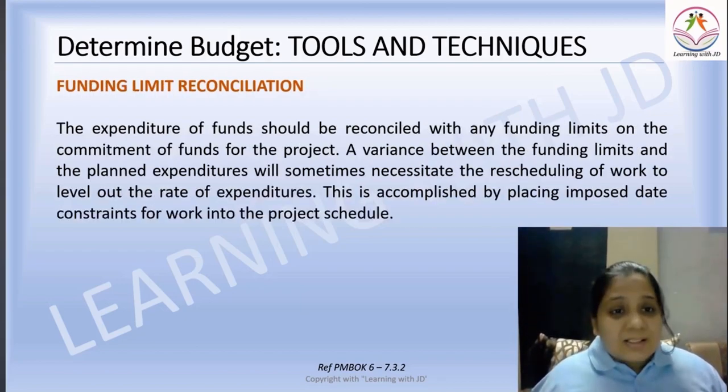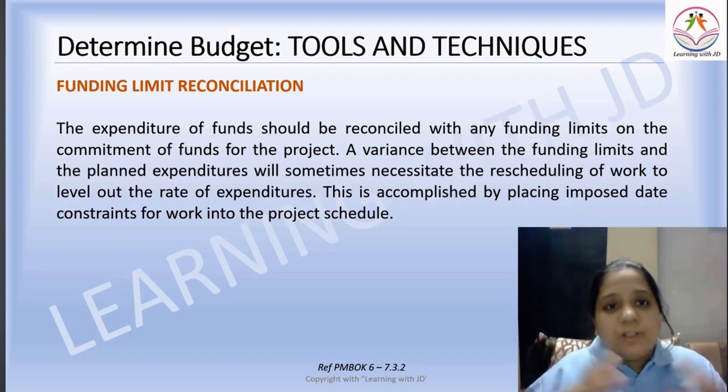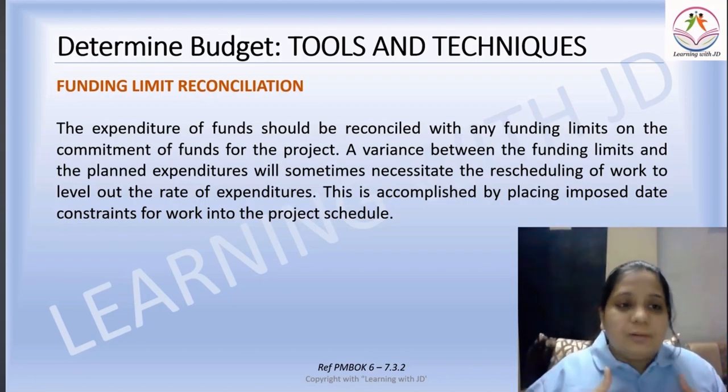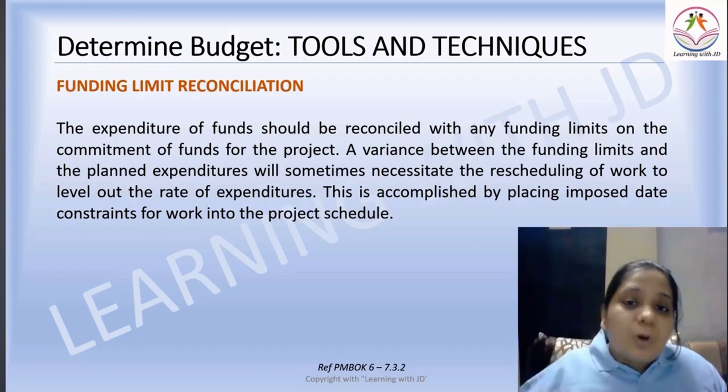Funding limit reconciliation: the expenditure of the funds should be reconciled with any funding limits on the commitment of funds for the project. So assuming your project requires $1 million, but you will not need $1 million on day one. You will have to analyze and create a road path for it, that what amount is required at what stage.